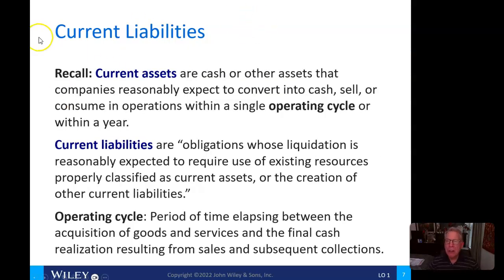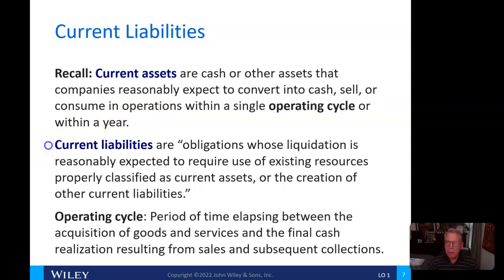You'll recall that current assets are cash or other assets that we expect to convert into cash, sell, or consume in operations within a single operating cycle or within a year, whichever is longer. Normally, I forget, this operating cycle sometimes can be greater than a year. In my experience, it has not, but there are some isolated situations where it is.